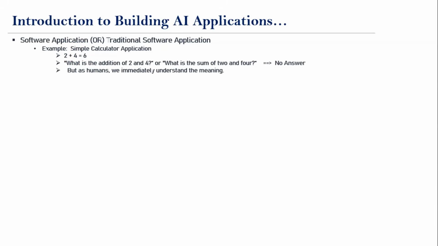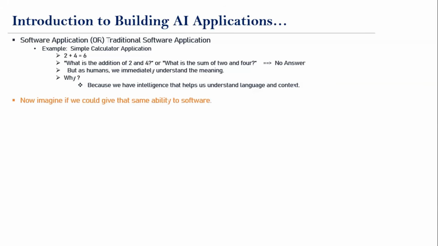But as humans, we immediately understand the meaning. Why? Because we have intelligence that helps us understand language and context. Now imagine if we could give that same ability to software. Of course, we cannot give it human intelligence. Instead, we provide artificial intelligence.